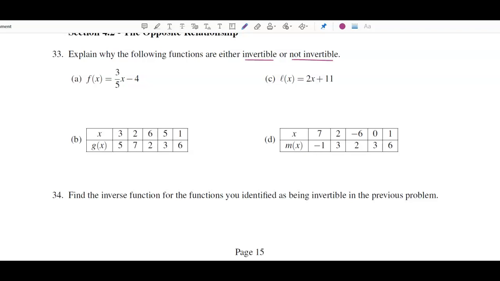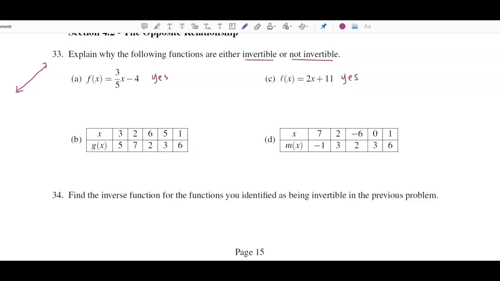So this is a linear equation, and linear equations are always one-to-one because there's not going to be any of those repeated, the inputs or the outputs. And this one's also linear, so these are both invertible.